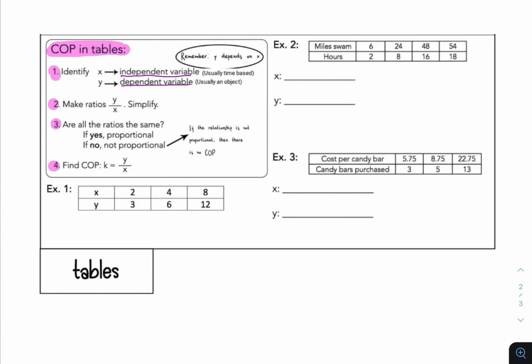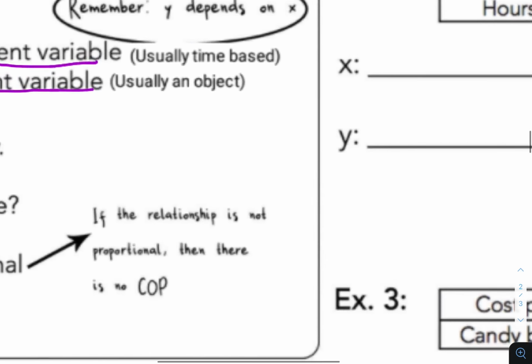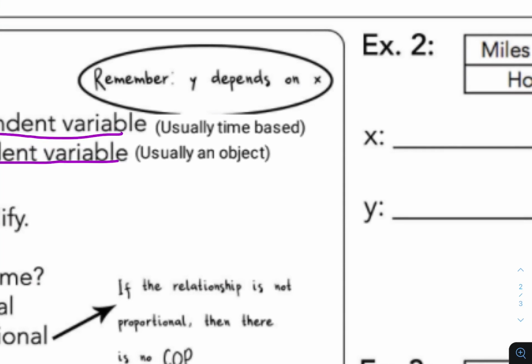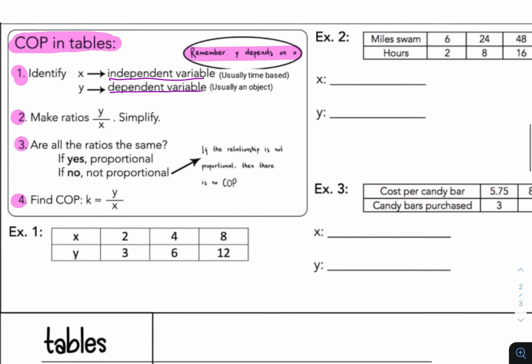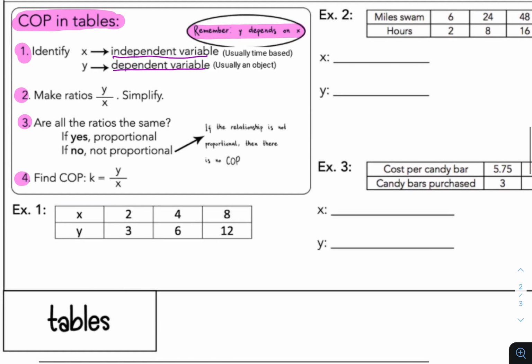Now, if you haven't talked about this in science yet, you're about to, so hopefully this can help you. The thing to remember, and this is most important, y depends on x. That's like saying the amount of money you earn per hour, so like for the workday, depends upon how many hours you work. If you earn $10 an hour and you work 6 hours, you'll earn $60.